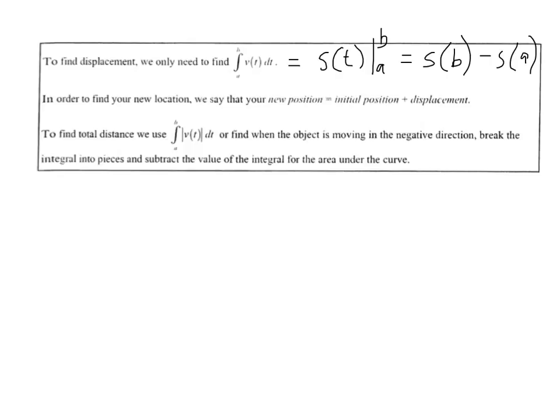And if we want to find that new location, we can just take these things and rearrange it. That's kind of what we've been working on with some of our free response questions lately.